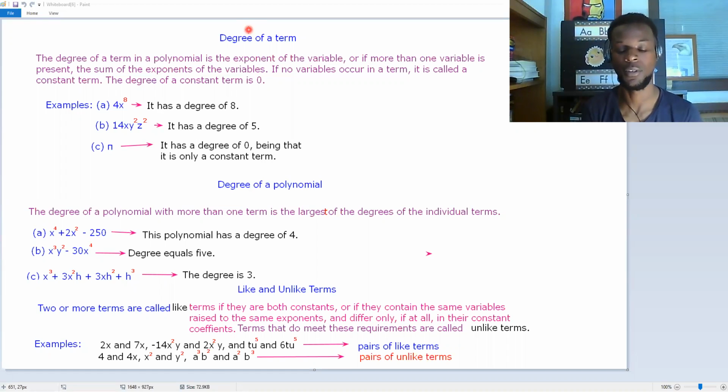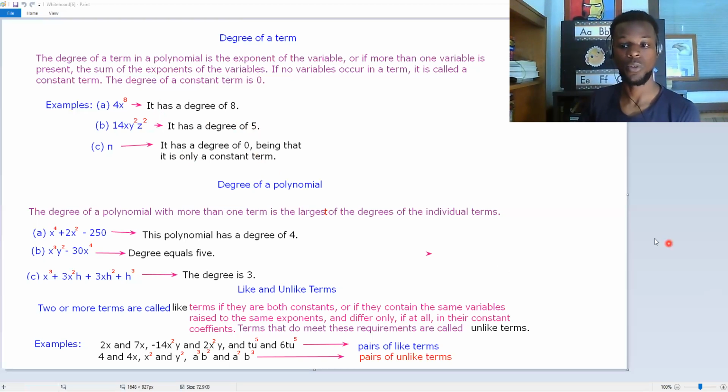And we also talked about the degree of a polynomial, where we take the highest degree from each of the terms, and we say that exponent, that number, is the degree of the polynomial. If we're just talking about the terms, then we simply use the exponent that is on the variable. Or if it is like in example B, where there's more than one variable, an x, a y, and a z, then we combine all of those exponents together, and that gives us the degree of that term.